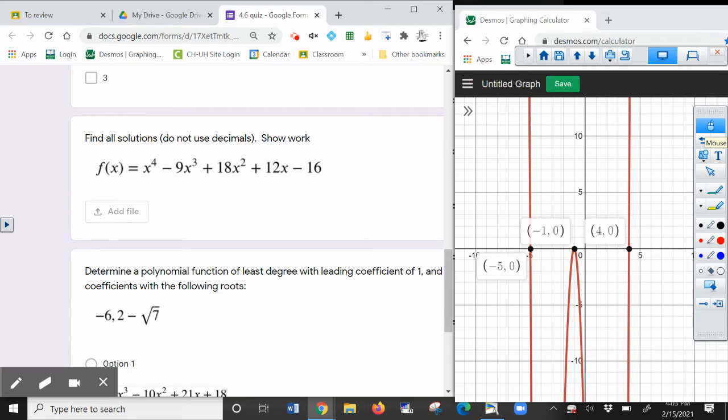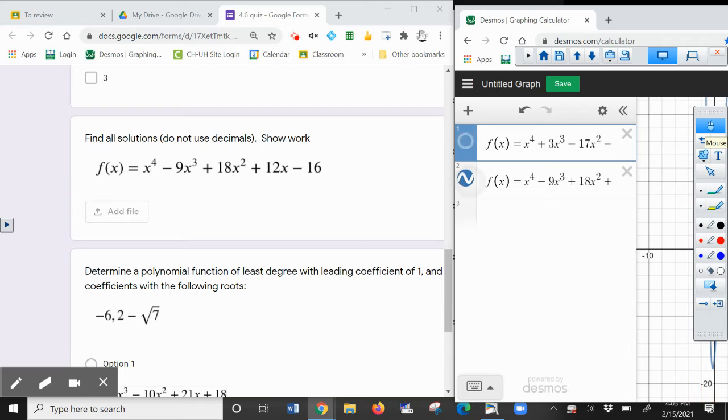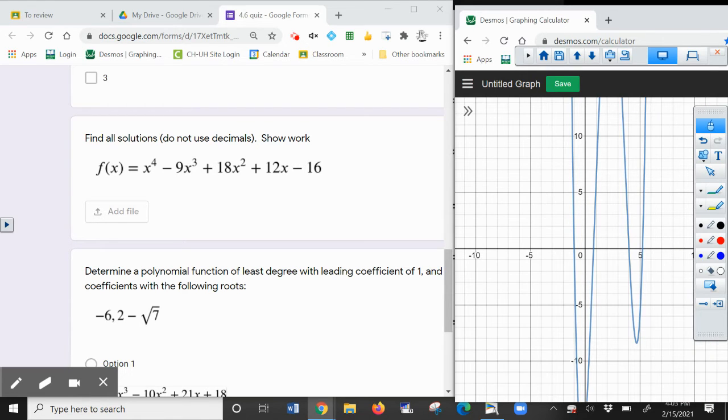So on this one, again, what we're going to do is start by graphing it, because that's so easy. Start by graphing it and see if you get any answers that are nice. What I'm telling by this is that it looks as though -1 and +4 are solutions, and there are another two answers that are real, but they are not going to be rational.